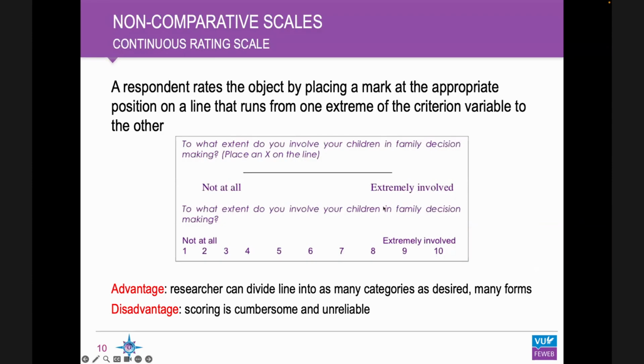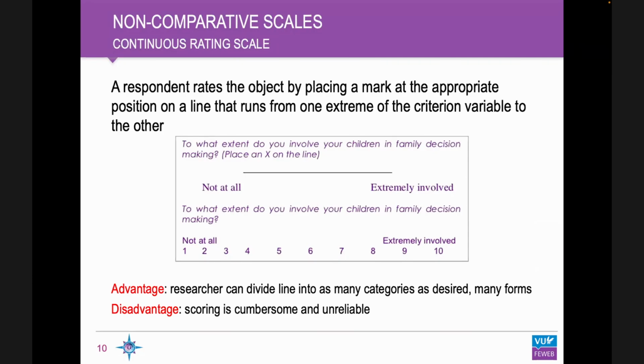Not at all to extremely involved. And you, as a respondent, think that, yeah, it's about here. You are provided with the extremes, but this provides a continuum of values. The advantage is that the researcher can really divide the line into as many categories as desired.